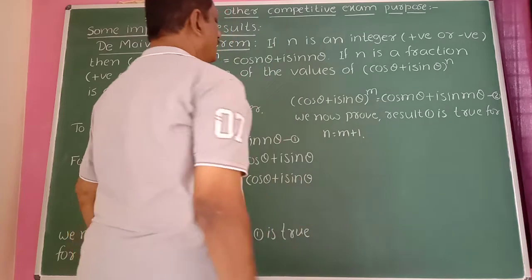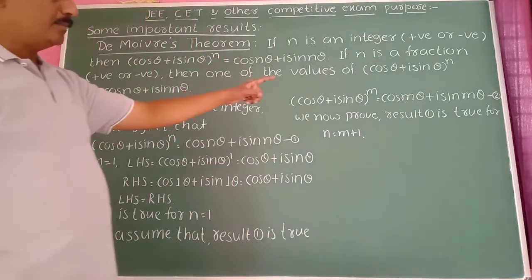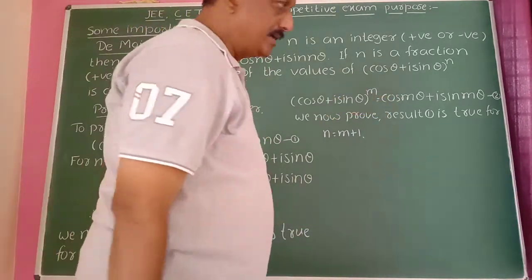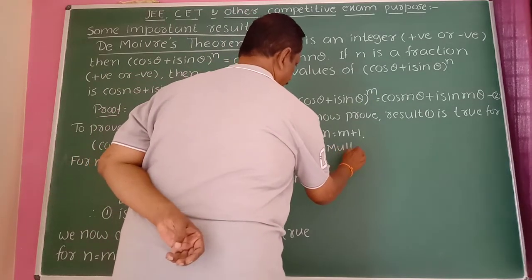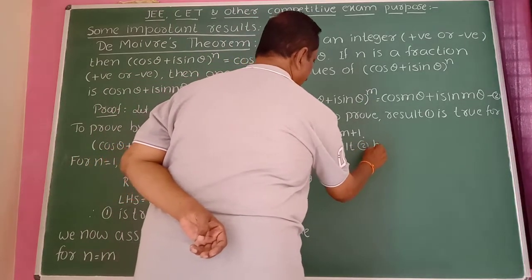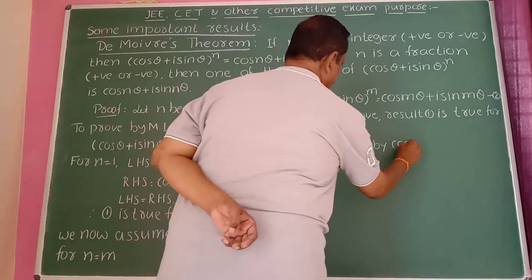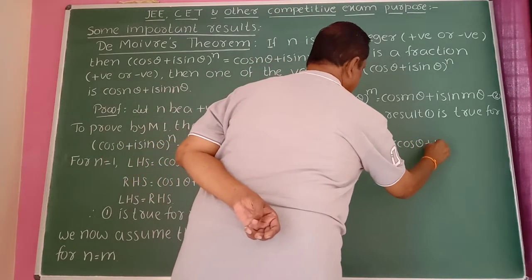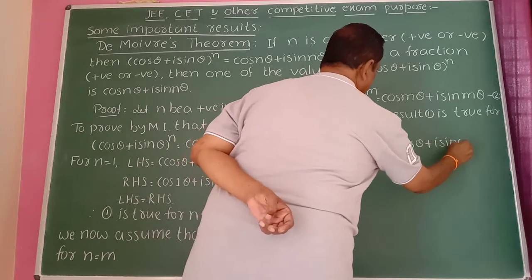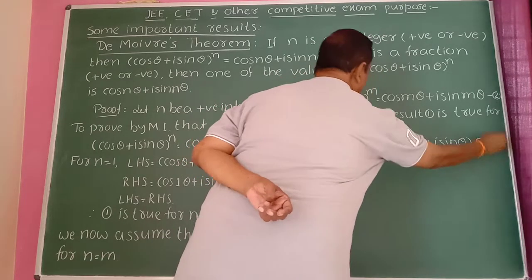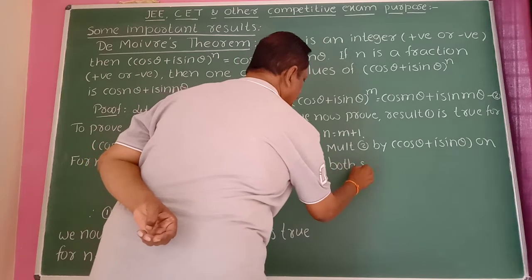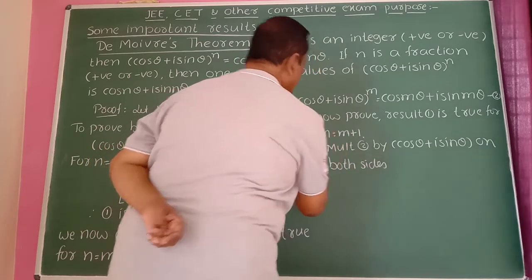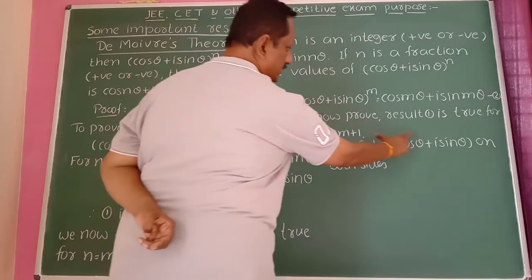Therefore, multiplying both sides by cos theta plus i sin theta. Multiplying equation 2 by cos theta plus i into sin theta on both sides. So multiply this result with this here.